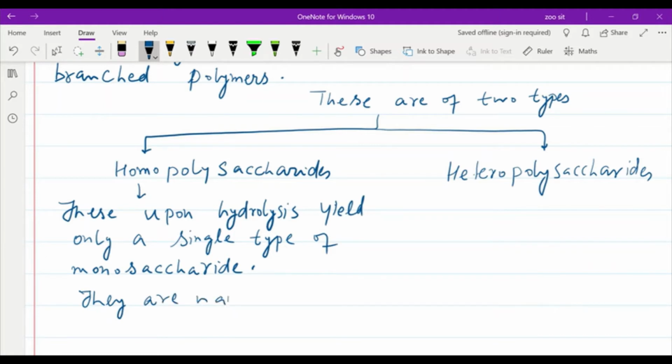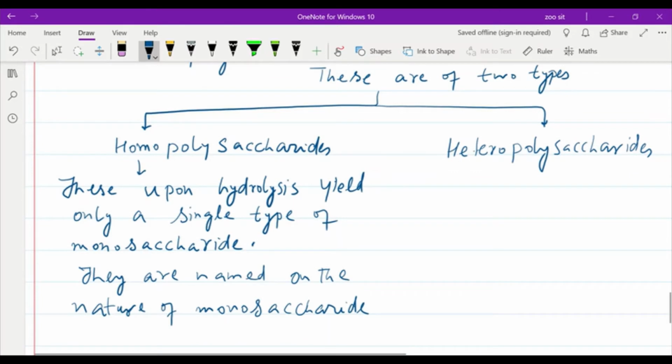They are named on the nature of the monosaccharide unit.